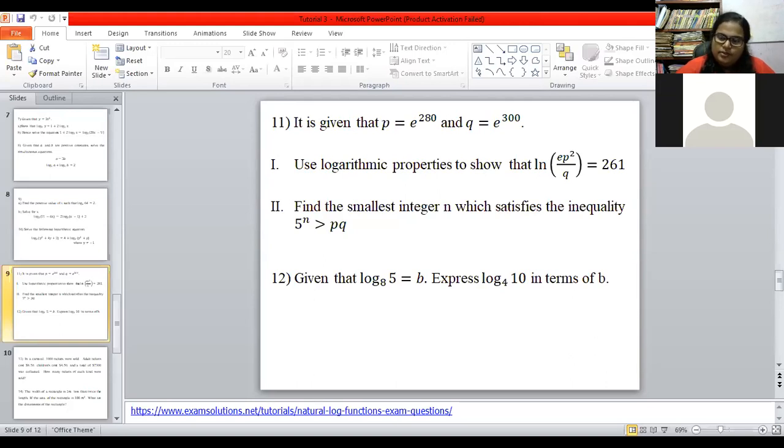So by seeing what has happened in here, we have to direct our simplification in order to complete this log equation. Here you have been given a log equation, no? ln of e p square divided by q equals 261. So we'll see how to construct our solution for this one. Let me share the whiteboard.